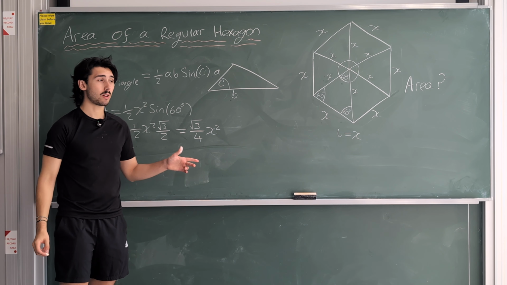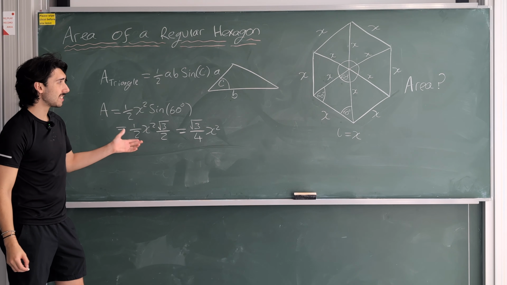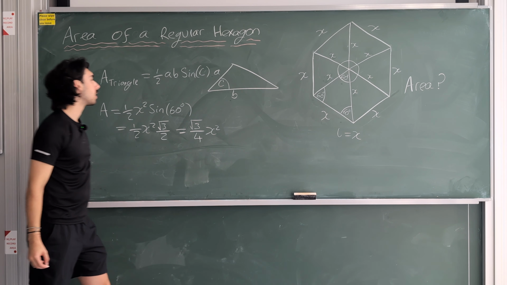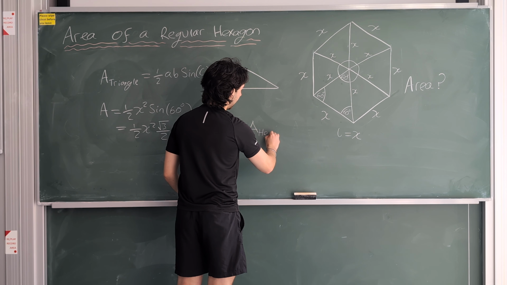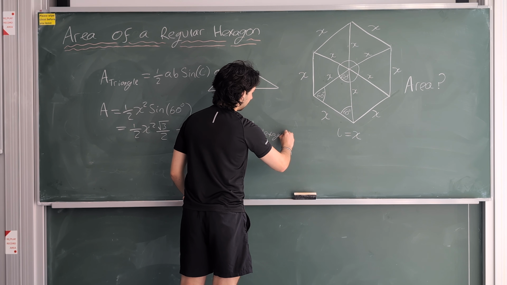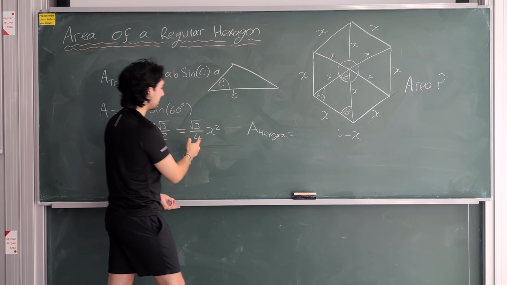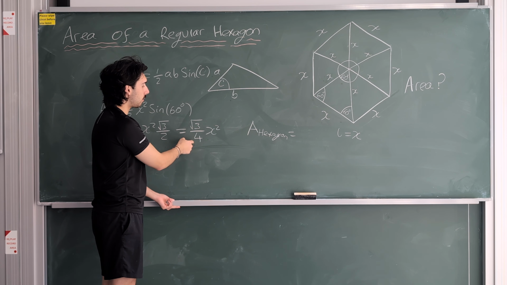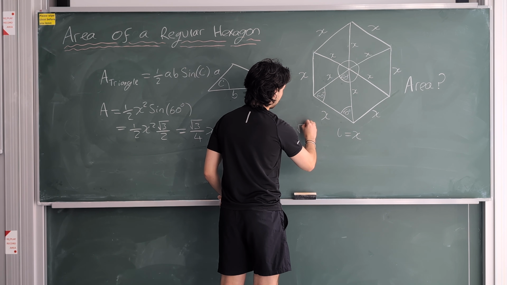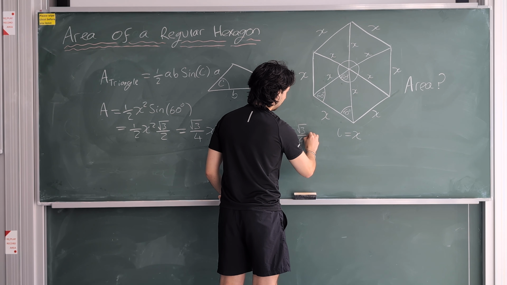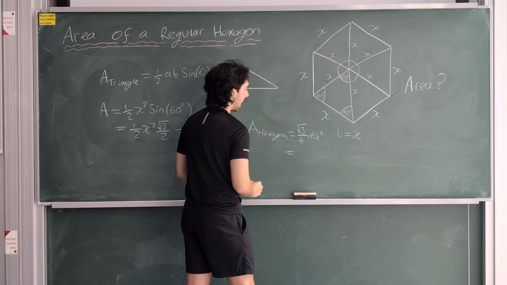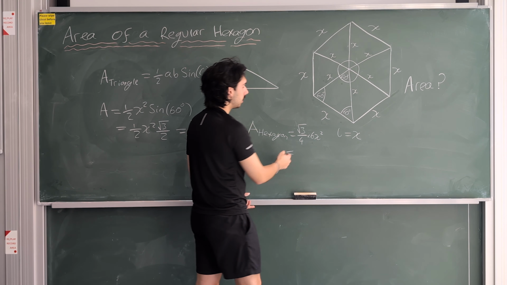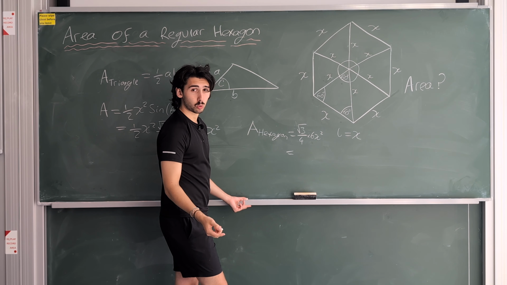The final step, and then we're done, is to just times this number by 6 because there are 6 triangles. So that means that our answer, the area of a hexagon, is this times 6, √3 over 4 times 6 times x squared. And then I'm just going to simplify this a little bit. 6 over 4 is the same as 3 over 2.